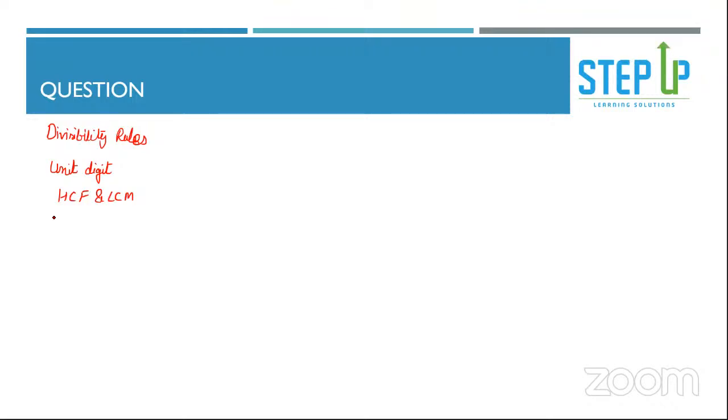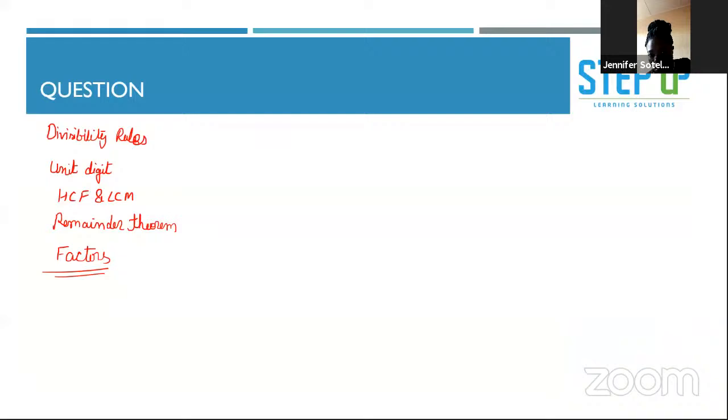The remainder theorem. Somebody wanted me to repeat it once again, so I'll do that quickly. Today we will do factors quickly, and then we'll start with questions and more practice on number system questions.